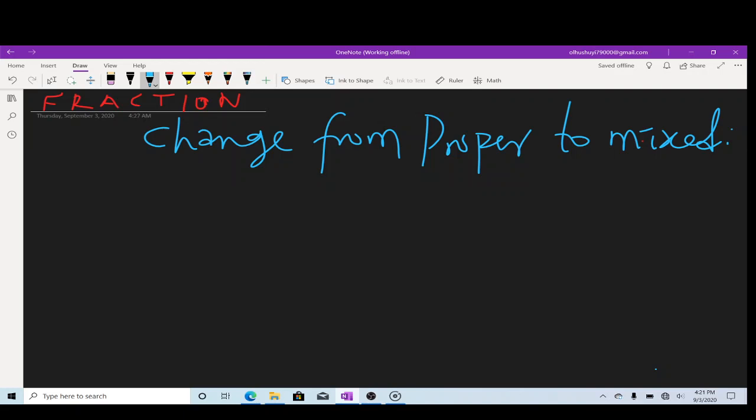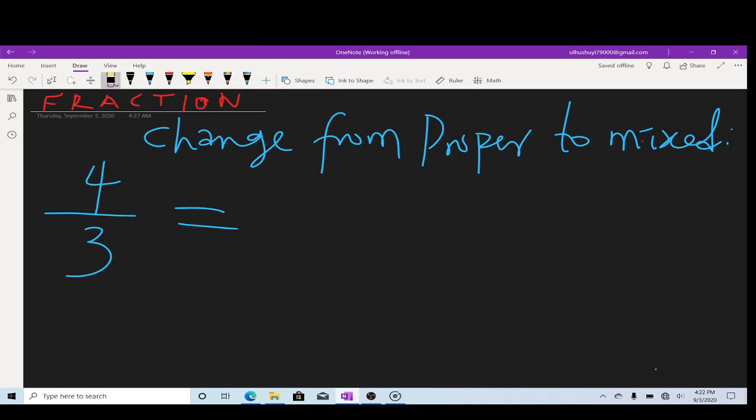If you have 4 upon 3, this is already an improper fraction. Yes, permit me to make that correction.